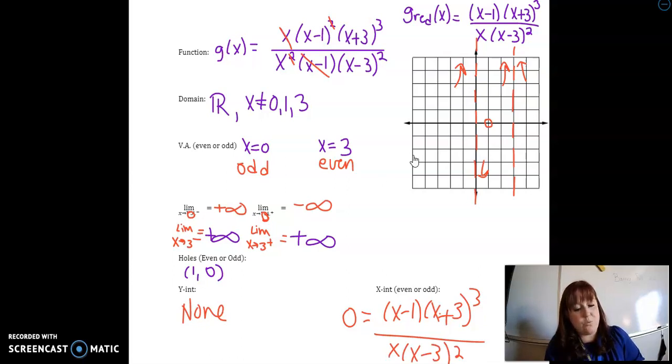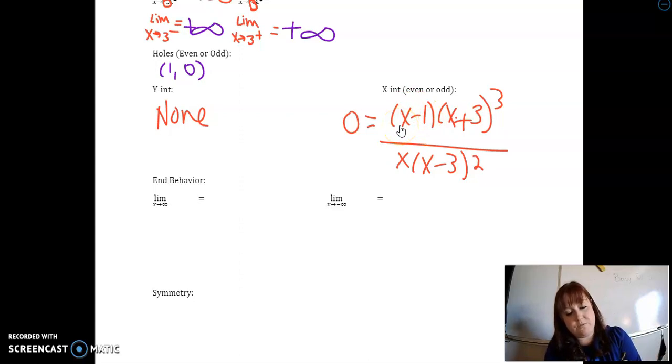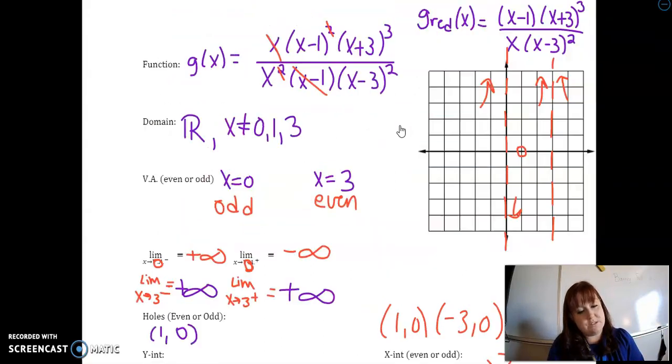And let's see, when this is equal to 0, we have to set the top equal to 0. We don't care about the bottom. So 1 is going to be an x-intercept. And negative 3 is also going to be an x-intercept. So we go up here, we graph 1, which is a hole.